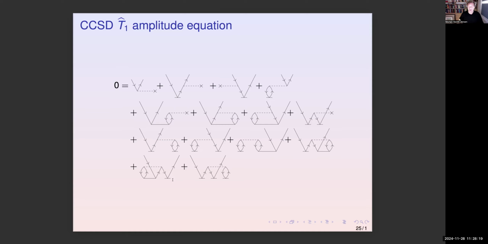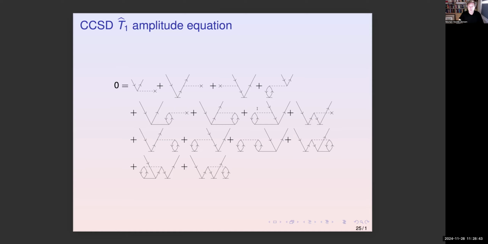So the thing which we're doing now is simply to write down the possible terms which we have from the Baker-Campbell-Hausdorff expansion. And then we match together the different excitation levels, and we want a final excitation level of +1. And you see that in all the cases here, we have a final one particle, one hole pair.